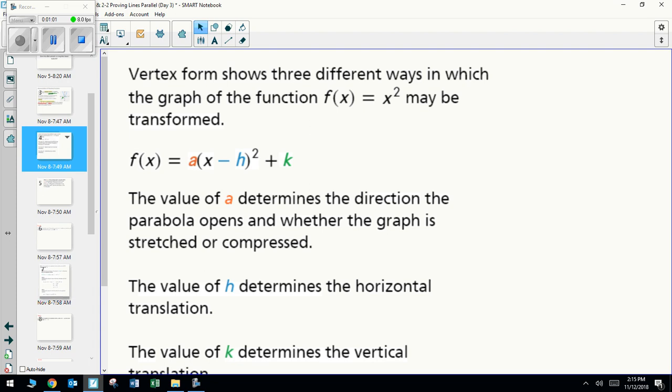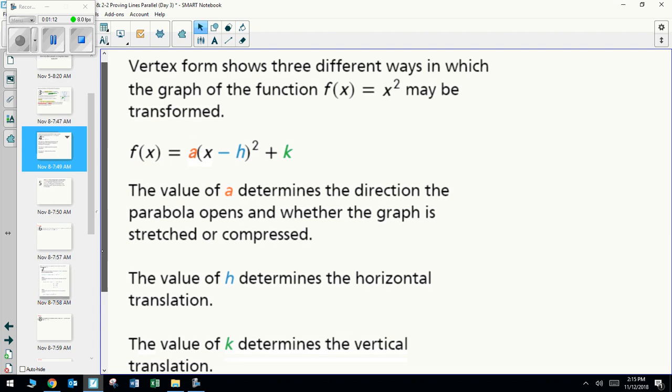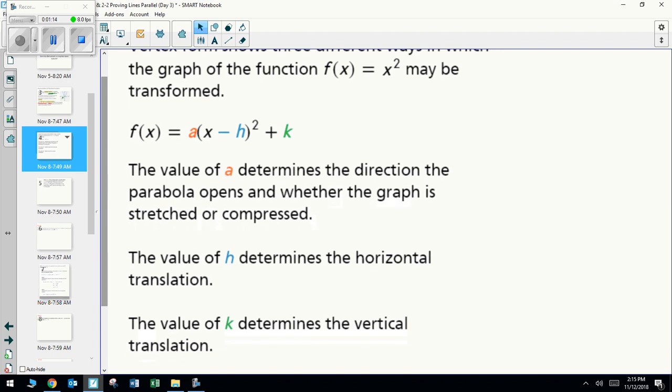Now this vertex form should look somewhat familiar to the things that we were discussing in section 1-2, which was transformations. If we remember in transformations, multiplying the function by a negative value reflected the graph. So the value of a, if it's positive or negative, determines whether it opens up or down.